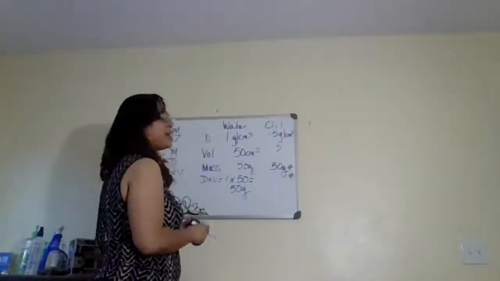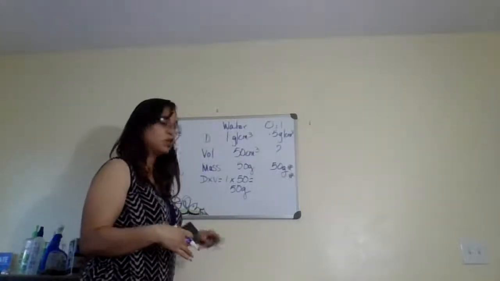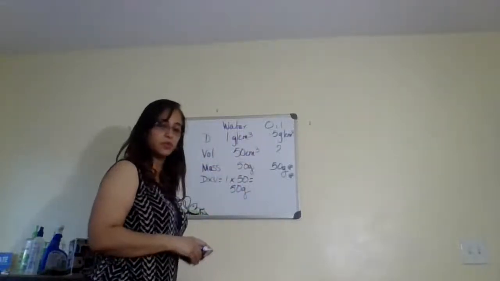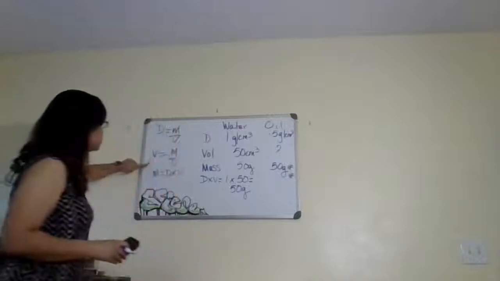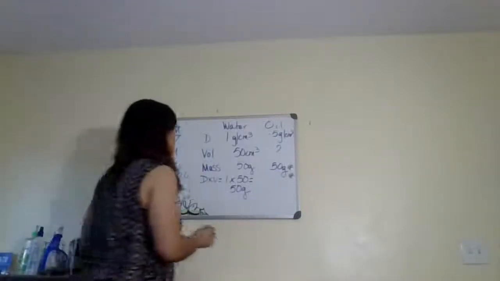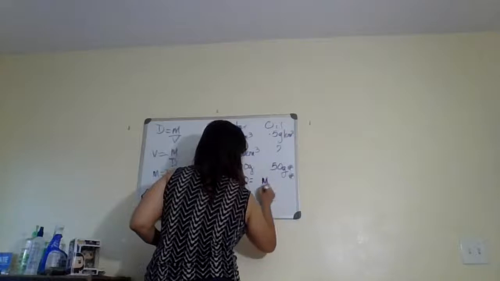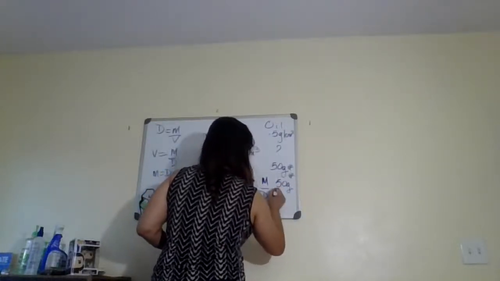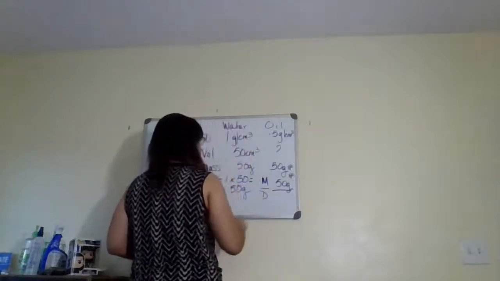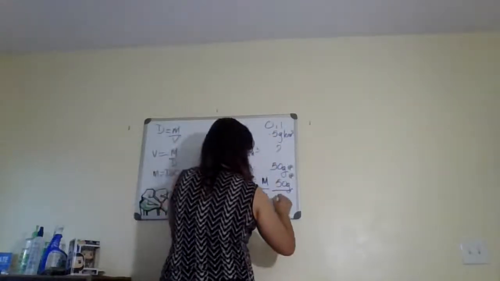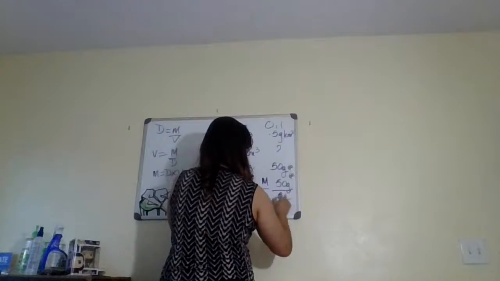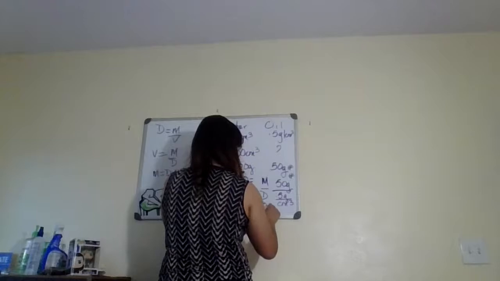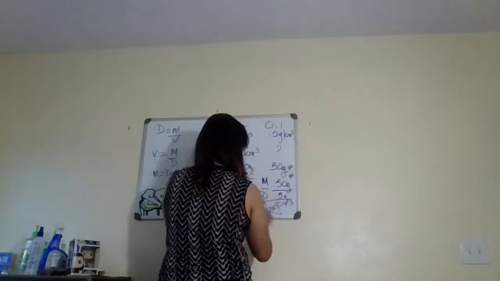Now that we have that information, we can solve for volume because we have two variables. Volume is mass divided by density, so 50 grams divided by 0.5 grams per cubic centimeter comes out to 100 cubic centimeters.